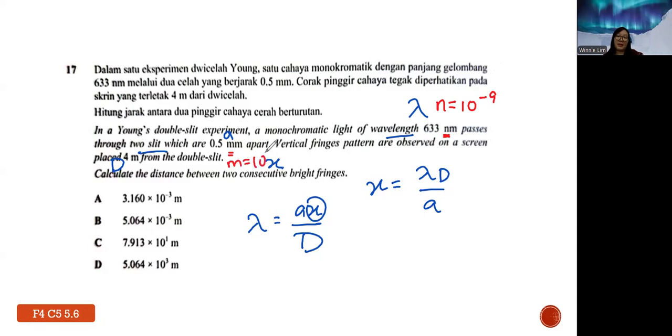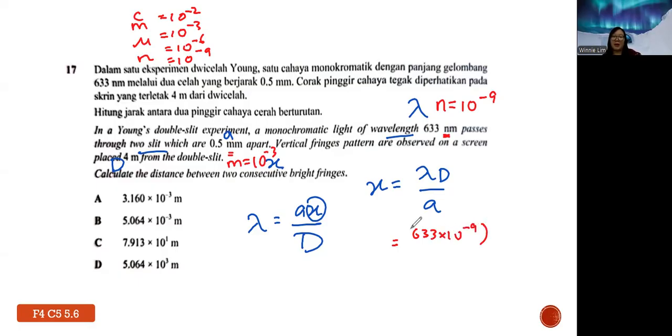Milli is 10 to the power of -3. Under the wave topic, milli, micro, nano, or even centi are important. Also, remember all these prefixes. All these prefixes are common under the wave topic. Then now we can substitute. 633 times 10 to the power of -9, D is 4, and then a is 0.5 times 10 to the power of -3.